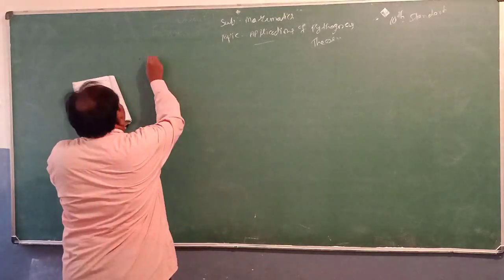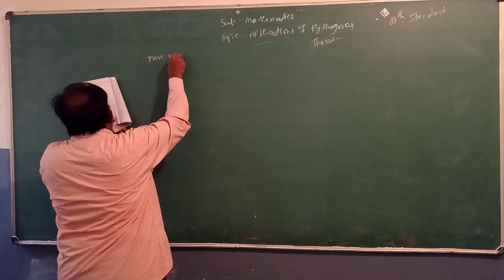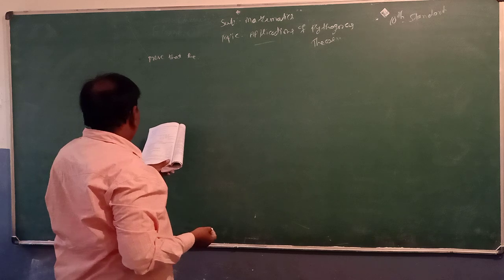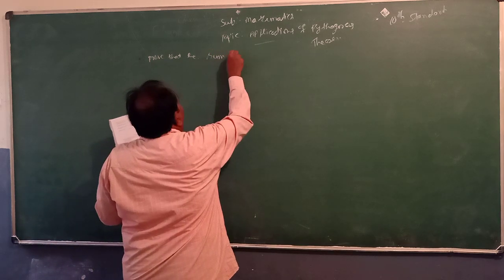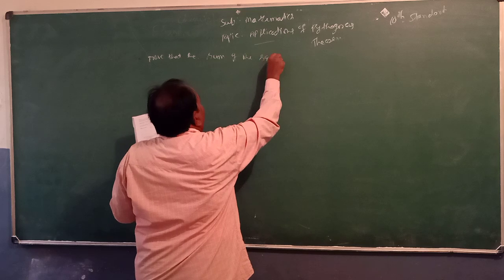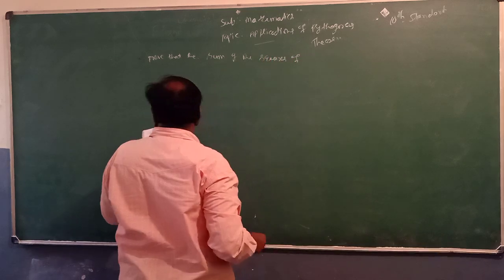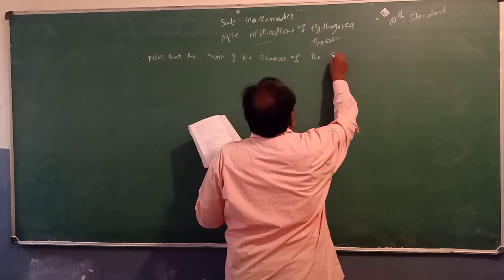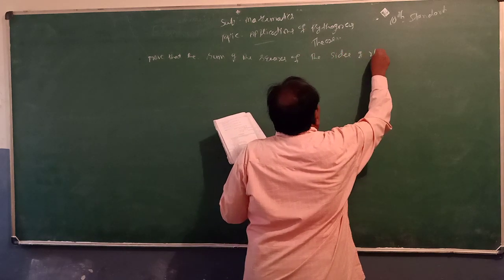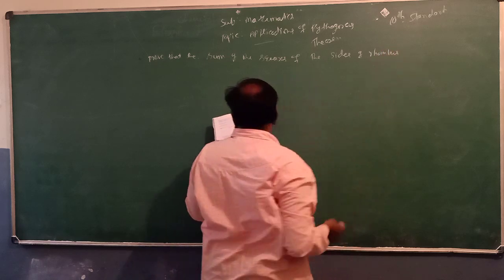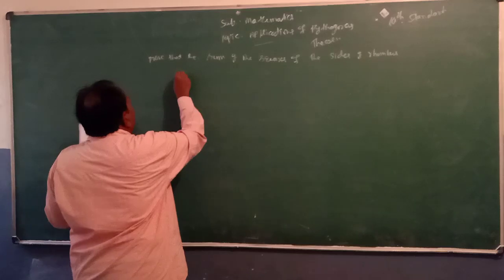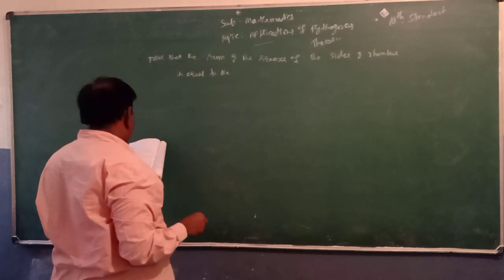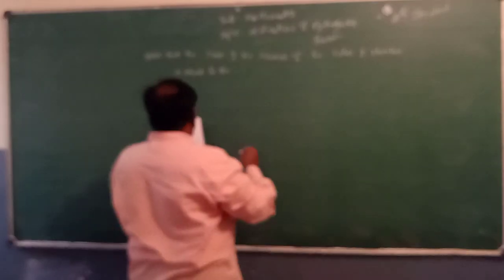Prove that the sum of the squares of the sides of the rhombus is equal to the sum of the squares of its diagonals.